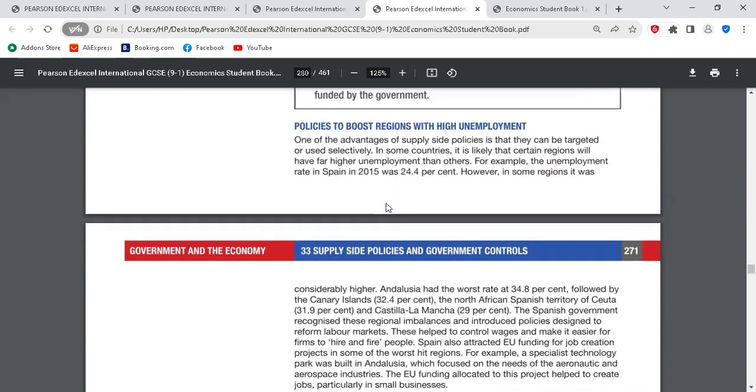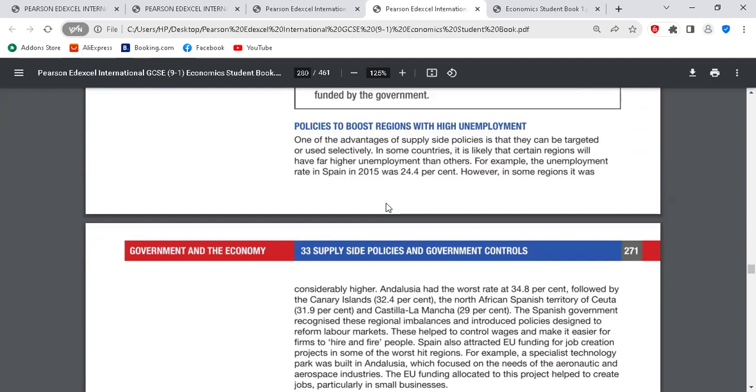So the point I'm making is, one of the aims of supply side policy is to increase employment opportunity, right? So with supply side policy, some regions have imbalances in unemployment. That means some regions have more unemployment than other regions.